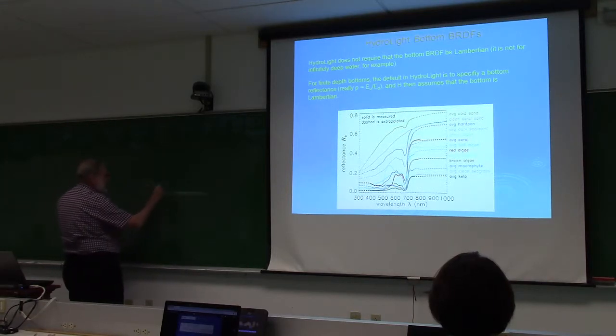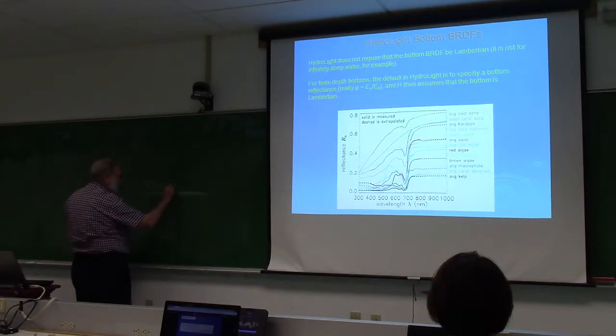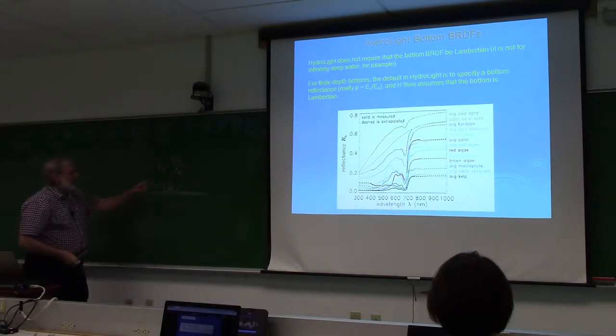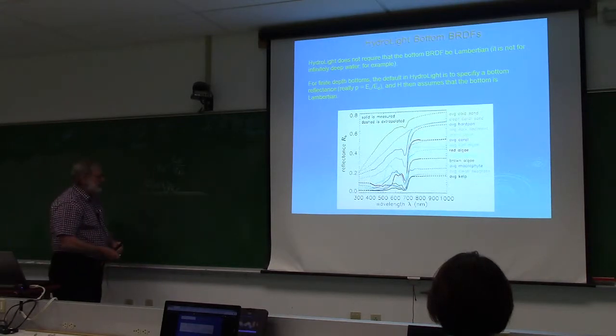I measure Ed and I turn it upside down, and ignoring shadowing effects at the moment, I then measure the Eu that's coming up from the bottom, and then I get an R of the bottom. So that's how that, in principle, gets measured.